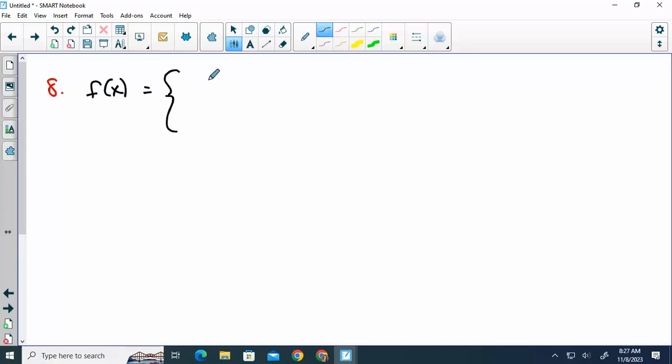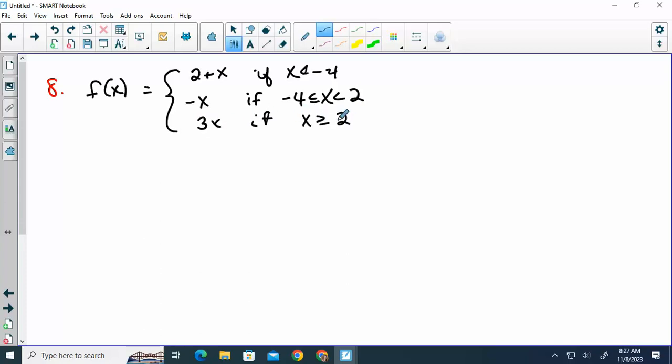So this is a piecewise. We had a little bit of trouble with these on that quiz. Alright. So how do we graph a piecewise?